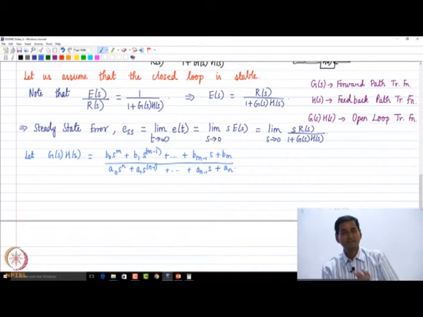Let us say G(s)H(s) comes out to be in this generic form. Please note that I already have closed loop stability, I am reiterating that point again and again.